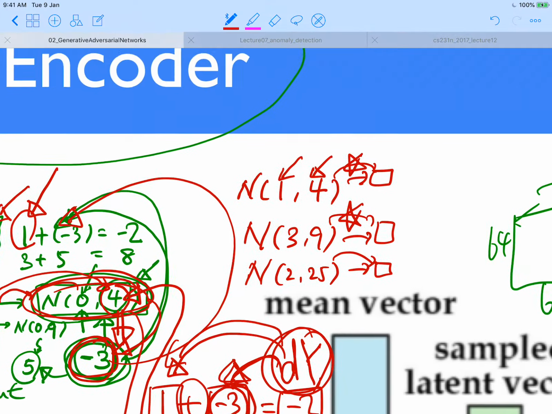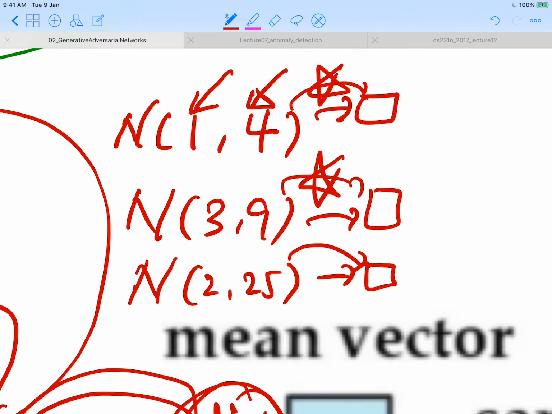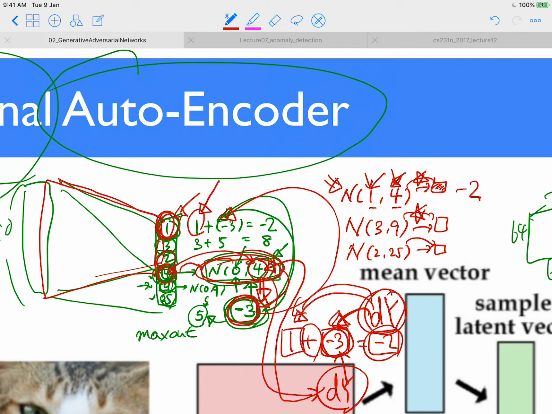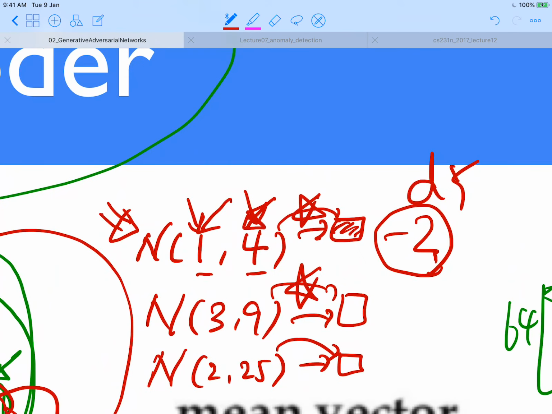But let's think of this kind of process, okay? This process of specifying the normal distribution, of having the mean and the variance, by using these two activation values, and then I obtain the random sample over here, and suppose this guy is -2, for example. Suppose we have a gradient value of dy, and then can we backpropagate through these two?